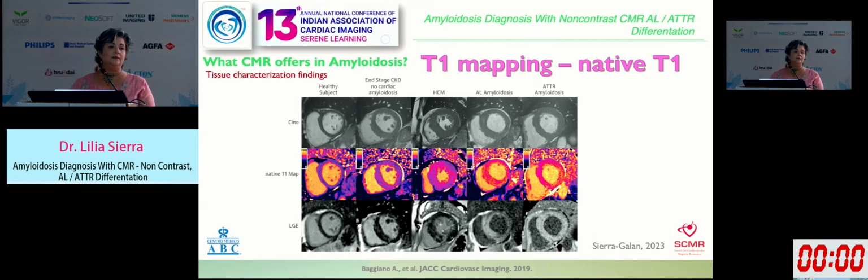Then the T1 mapping, the native T1 that Vanessa already told us about in her first talk. This value can differentiate AL and ATTR. However, it's not that accurate because there could be some degree of overlap. It's a high value, but it could be in the same range.